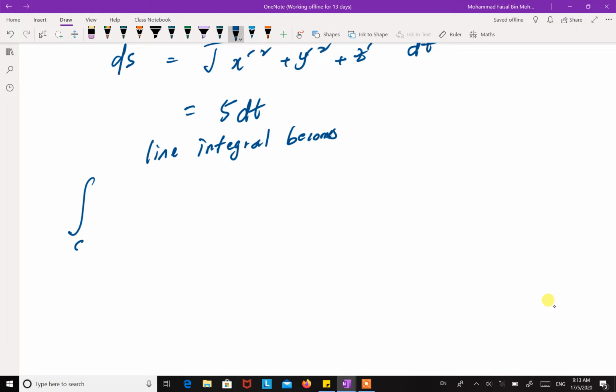Hence the line integral becomes the integration under the curve C of x plus y plus z ds, which will be the integral from 0 to 2 pi. This is given here.